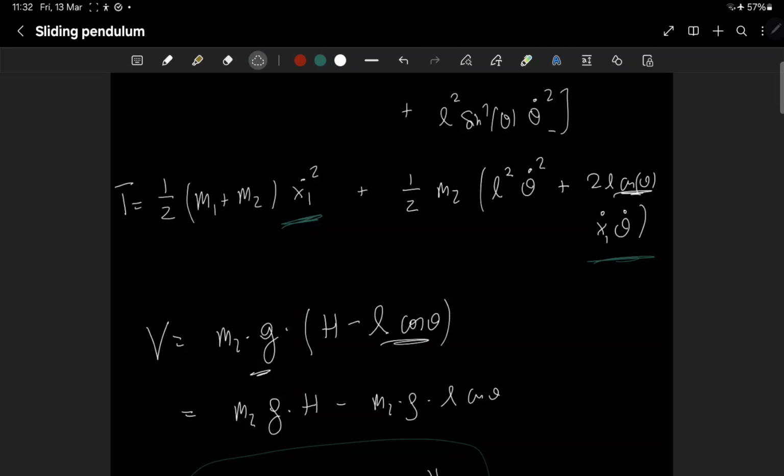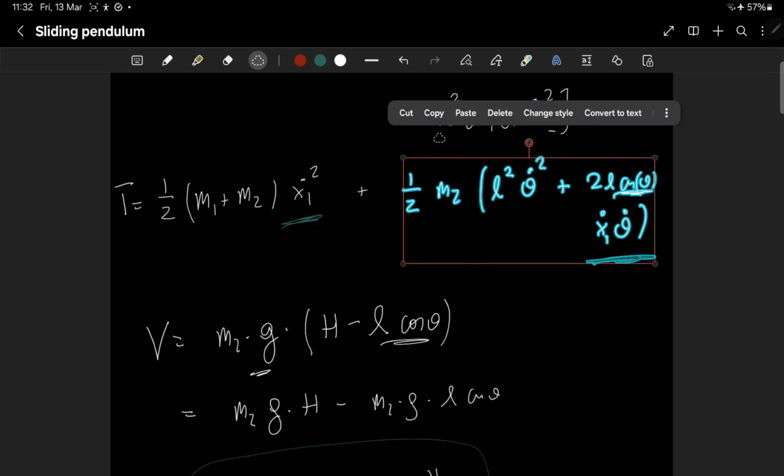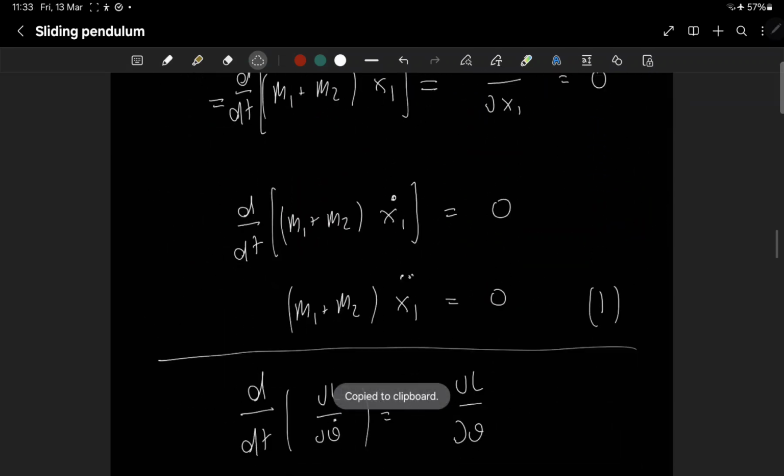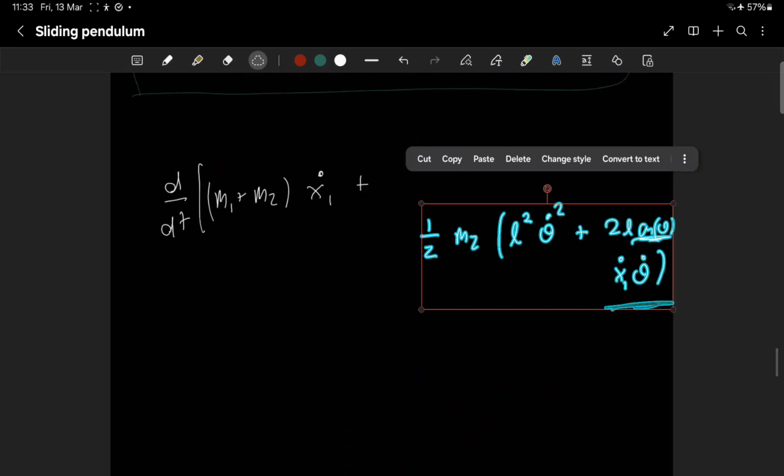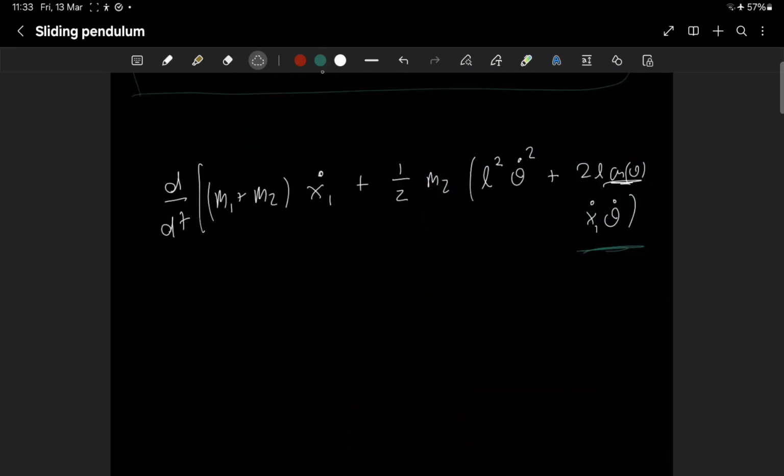We take this term, add it in here, and then these two fall away, x1 dot falls away, and the 2 cancels, and what we're left with is m2 l cosine theta theta dot.